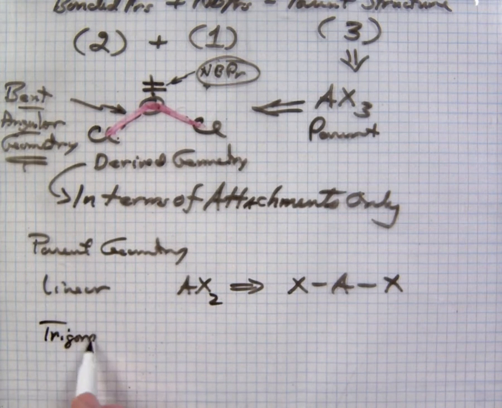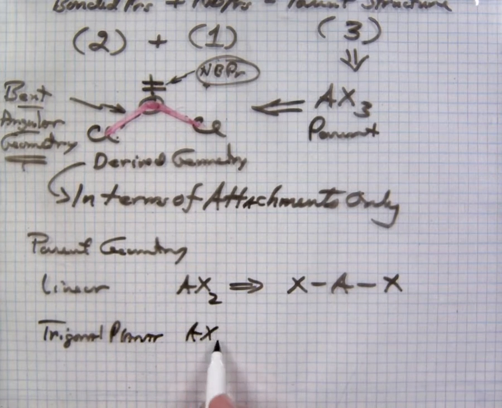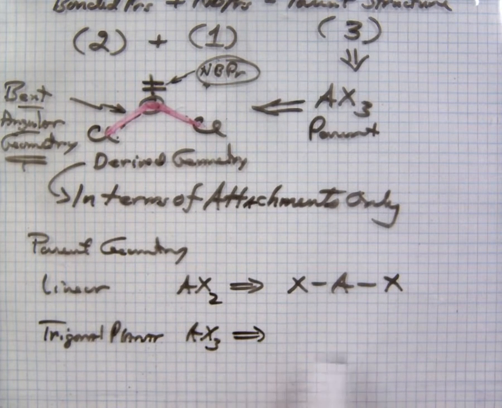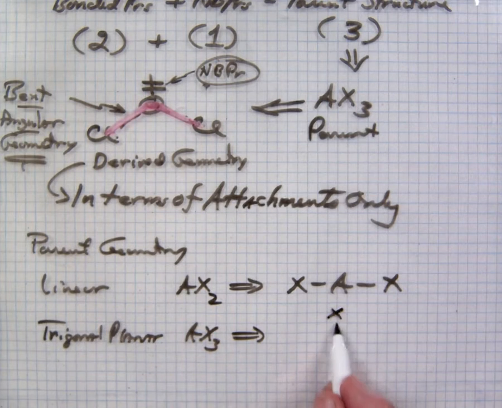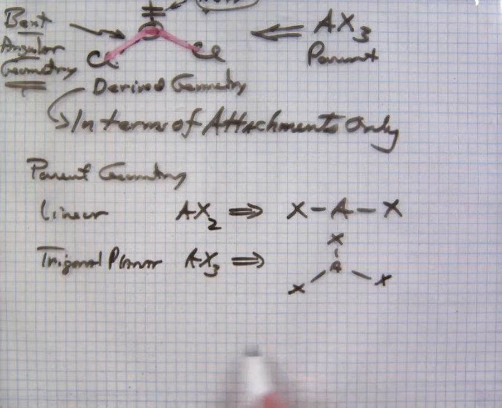Trigonal planar is certainly an AX3, and we have the parent structure and one derived structure.